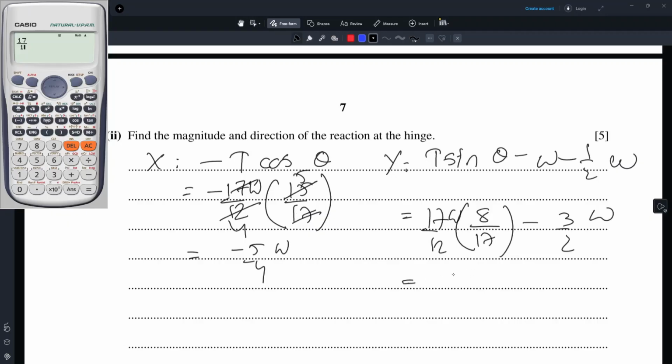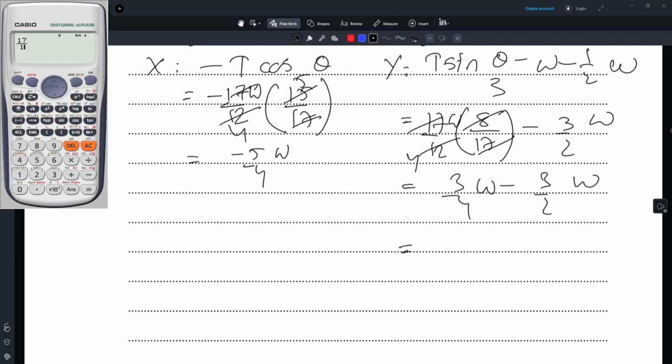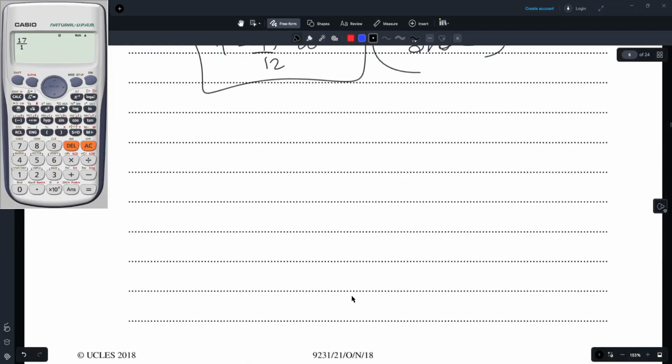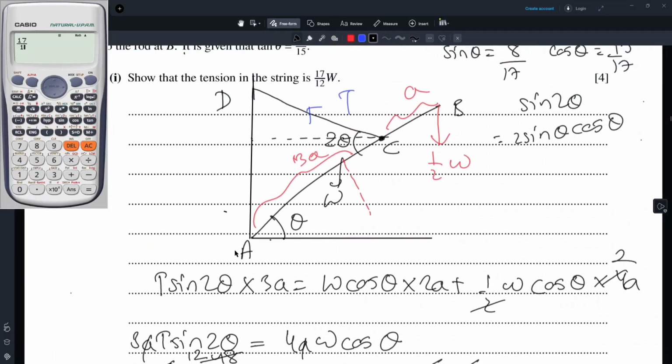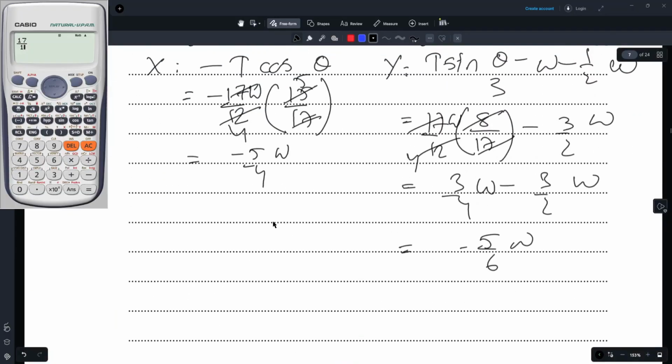Then we have 3 by 4 W minus 3 by 2 W. So we get 5 by 6 W, minus 5 by 6 W. So it's supposed to be in the downward direction that this experiences. So it means that it is supposed to be in this direction and in this direction, which means this direction.